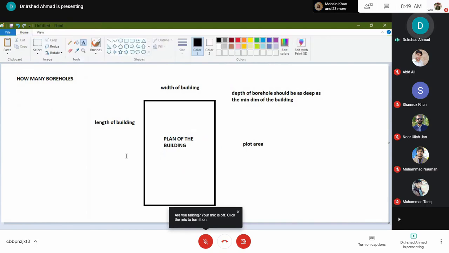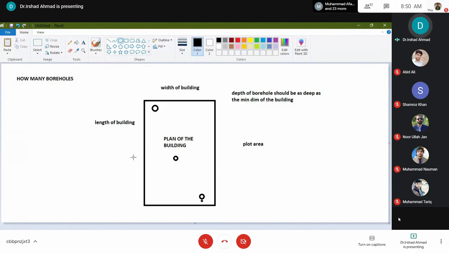Right? So the borehole, for example, where is the circle here? The boreholes: one at this corner, another at this corner, and a third at the center, will be okay.